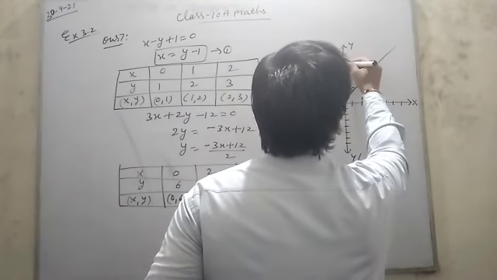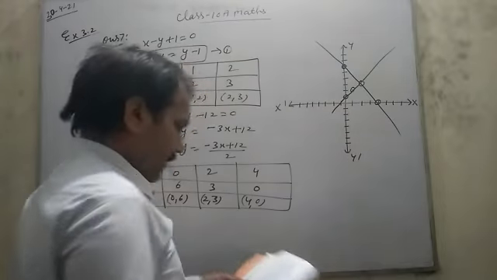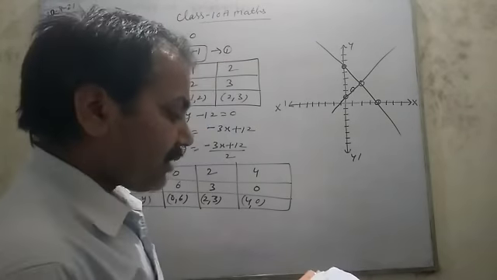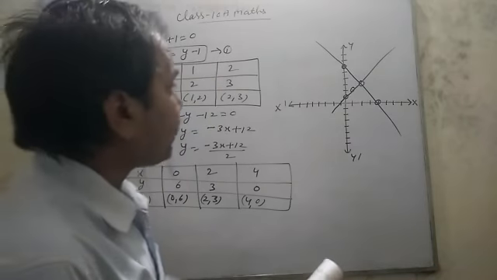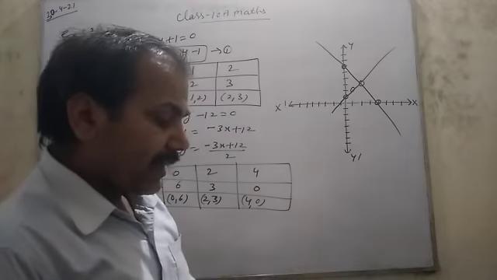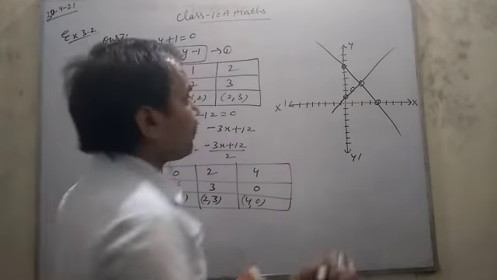This means another line. Here it says to determine the coordinates of the vertices of the triangle formed by these lines: one line this, another line this, and the x-axis, and shade the triangular region.